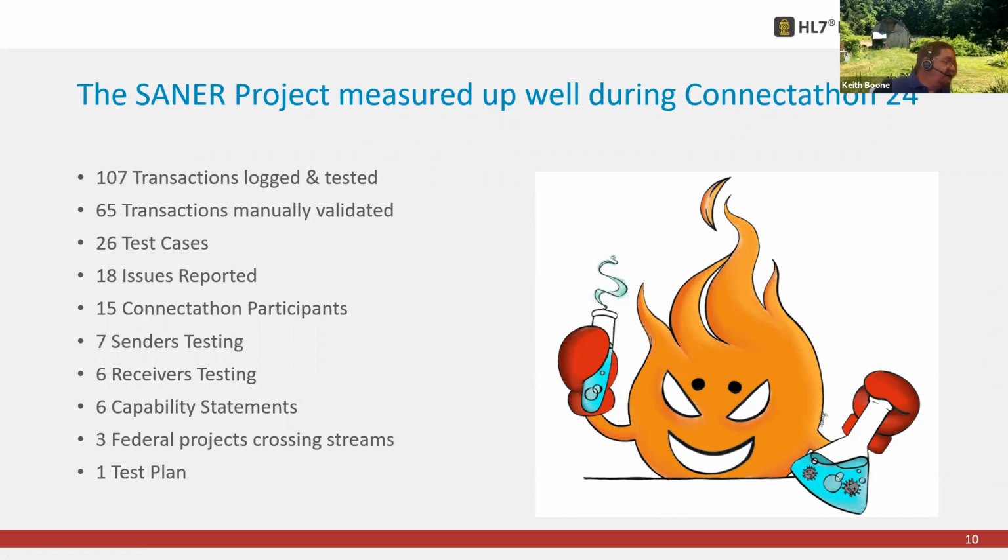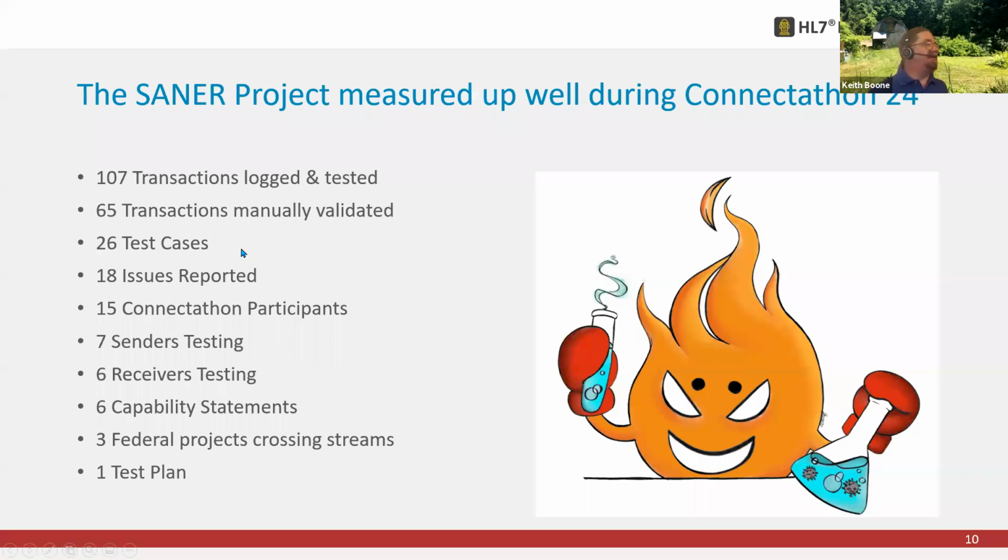The SANER project is about measurement. We're using Measure and MeasureReport. We captured a lot of measures ourselves during Connectathon 24. During that Connectathon, we logged and tested 107 transactions using Inferno. We also manually validated 65 of those transactions to verify that they were doing what they were supposed to be doing. We built out 26 test cases.